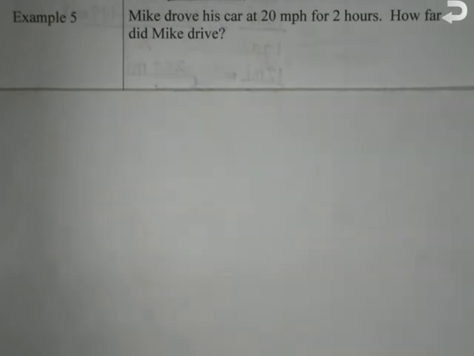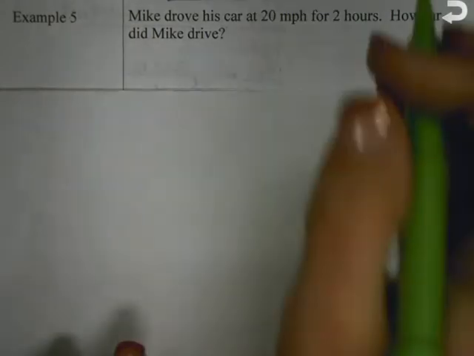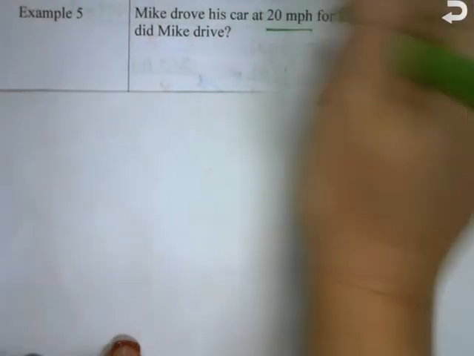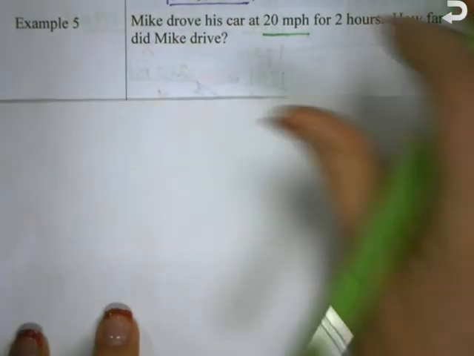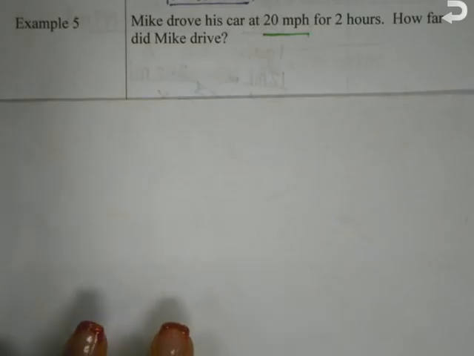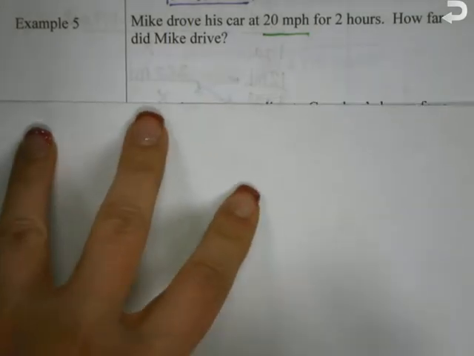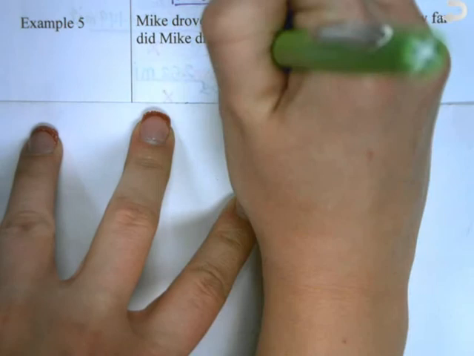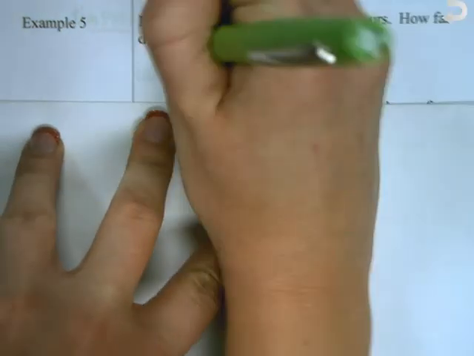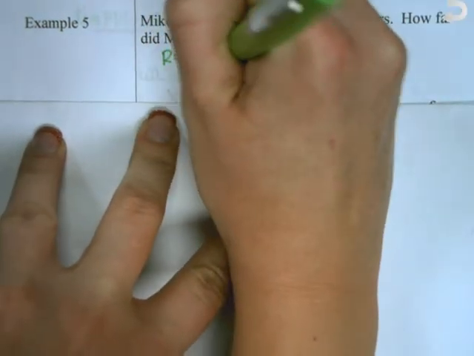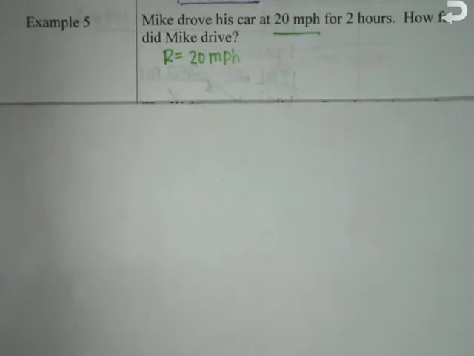Is that distance, rate, or time? Miles per hour is rate. Okay, so what I'm going to do is I'm first going to say R equals 20 miles per hour. So I'm going to label it. And then I also know that he drove for 2 hours. What's that? That's time. So T equals 2 hours.